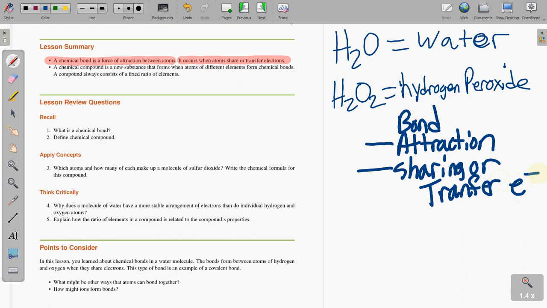I'm going to put e minus as a symbol for electron. All right. So a chemical bond is an attraction between atoms, and it occurs because they share or transfer electrons.